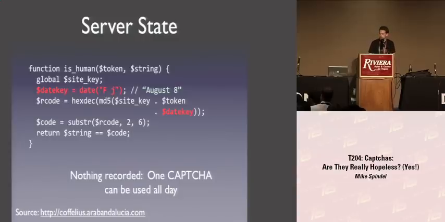And all this is doing is comparing the inputted solution here, which is the input solution string, to a calculated code. And it calculates the code by taking the MD5 hash of a site-specific key plus the request token plus the state field.